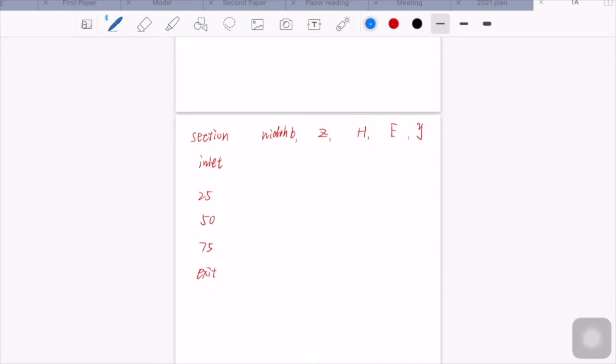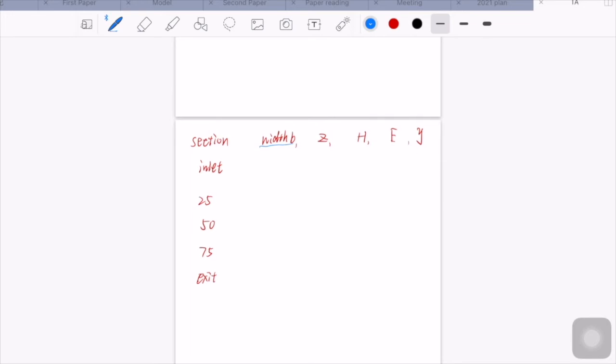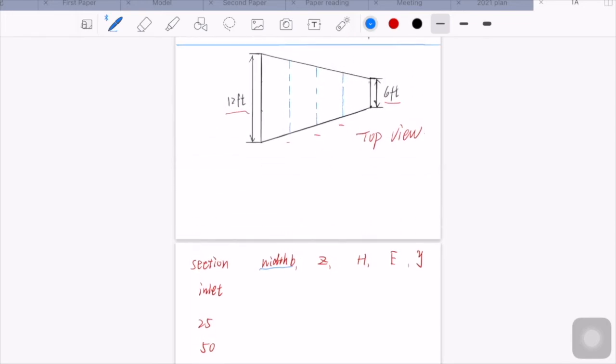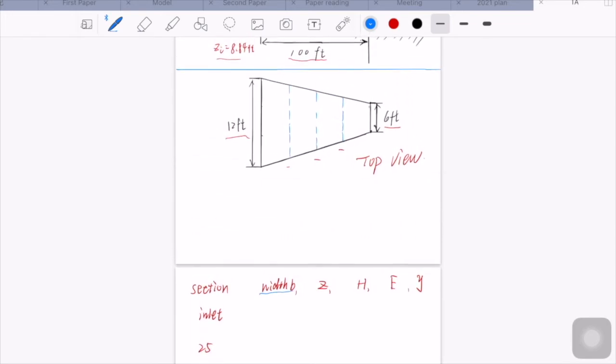For the B column, since we know the entry width is 12 feet and the exit width is 6 feet, and we also know the length of this transition is 100 feet, we can determine the width at each section.